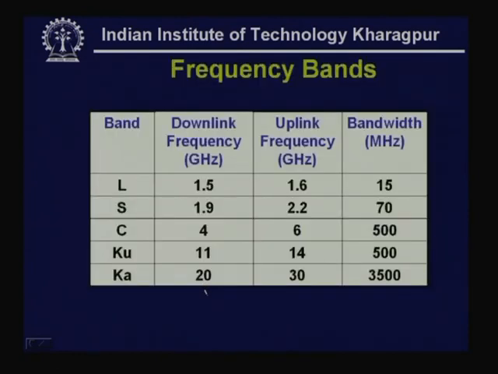Now, let us look at the frequency bands used in satellite communication. This is in the microwave range. We have already discussed it, microwave, where line of sight communication is performed. There are several frequency bands. L band uses two frequency bands, one for downlink, another for uplink. Frequency is in the gigahertz range.